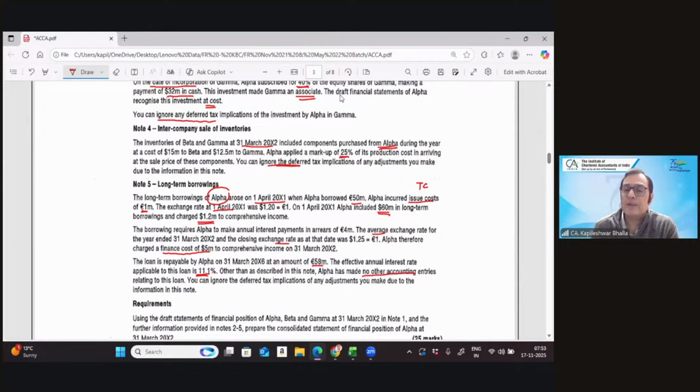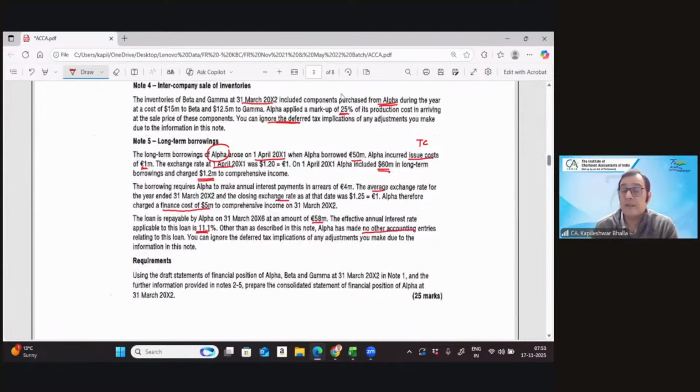You can ignore the deferred tax implications of any adjustments you make due to the information in this note. Using the draft statements of Alpha, Beta, Gamma in note number 1 and the further information in notes number 2 and 5, prepare a consolidated statement of financial position on 31st March X2.